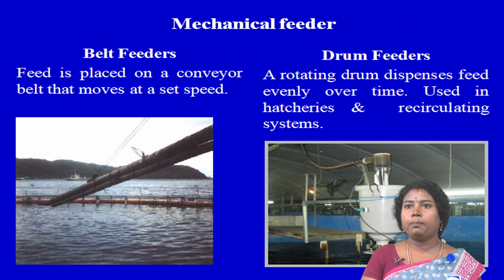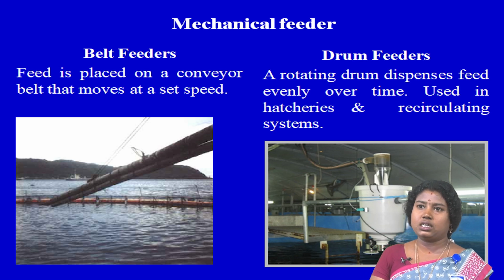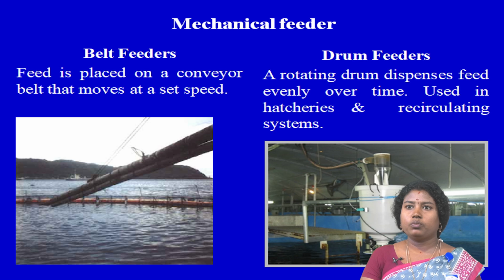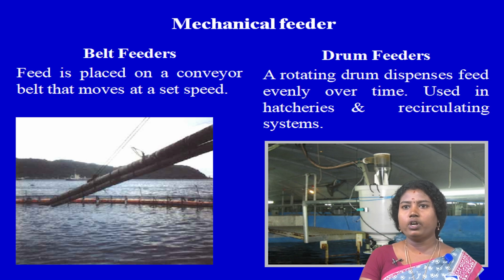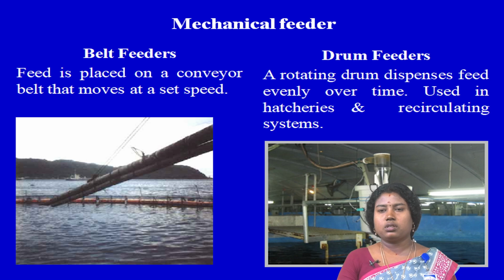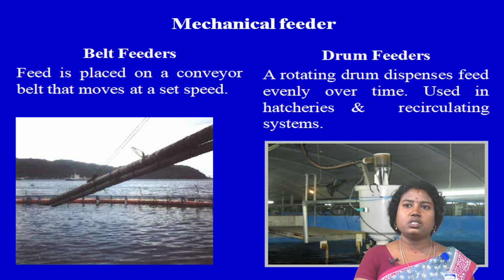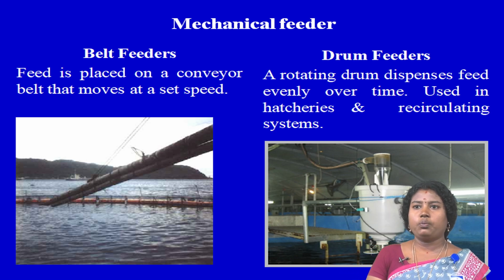Mechanical feeders, belt feeders: feed is placed on a conveyor belt that moves at a set speed. A belt feeder consists of a conveyor belt driven by a motor or clockwork mechanism, which gradually dispenses feed over a set period.